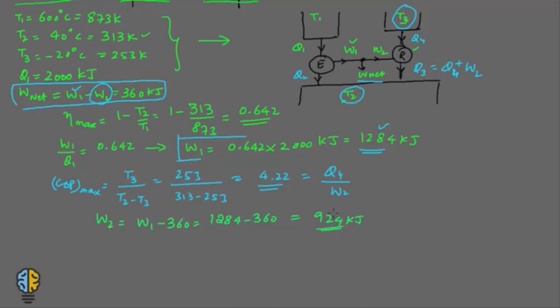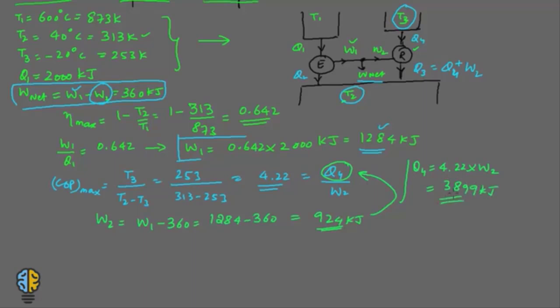So when you know the value of W2, you put this value over here and find out the amount of heat being absorbed. So Q4 becomes 4.22 into W2, which is equal to 3899 kilojoules.